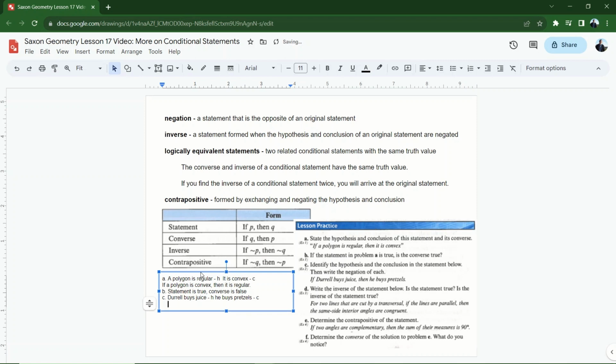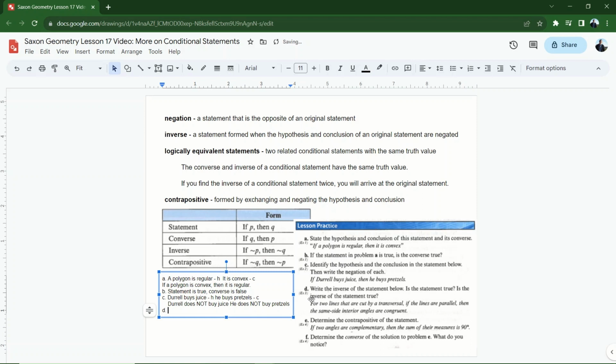The negation of this would be Durrell does not buy juice, and then he does not buy pretzels. All right, I'm just going to take one space away here. There we go. Let me spell pretzels correctly, too, just so no one can complain. All right, there we go. Letter D.